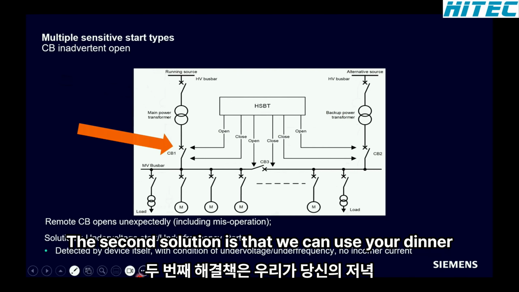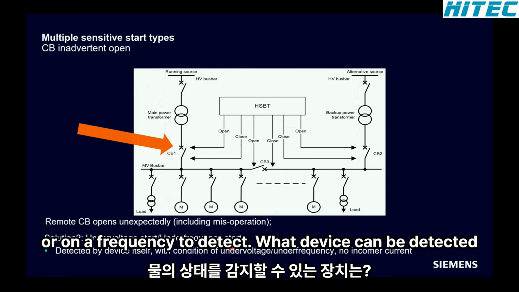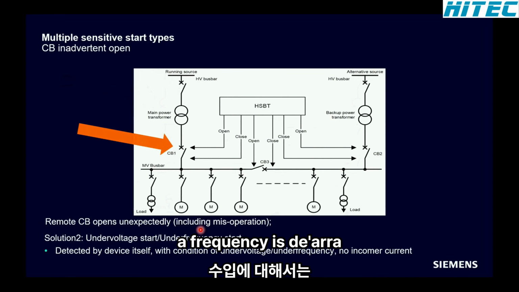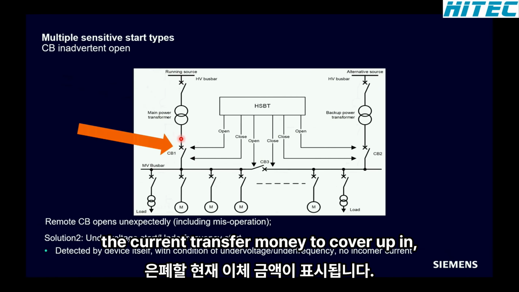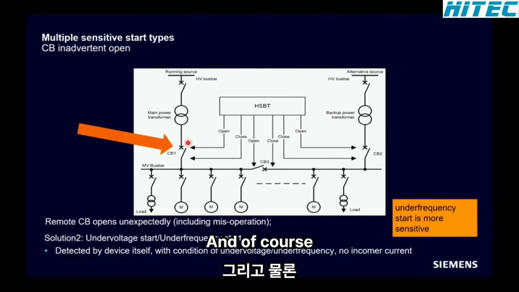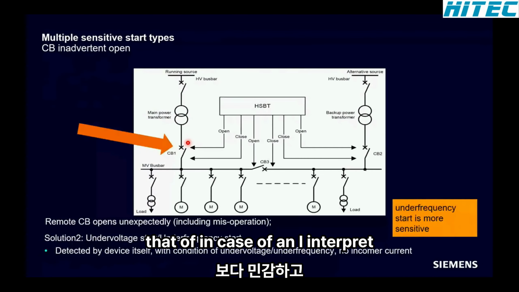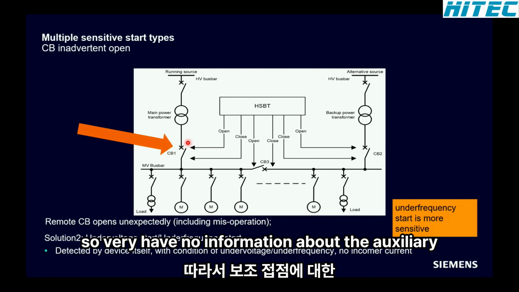The second solution is that we can use the under voltage on the motor bus or the under frequency start, so that the device can detect by itself that the condition under voltage or under frequency is there and we have no currents on the incomer. You see, the current transformer on the incomer is very important for the HSPT device. And of course, the under frequency start is more sensitive, and we use that in case of an inadvertent open of a remote CB, where we have no information about the auxiliary contacts.